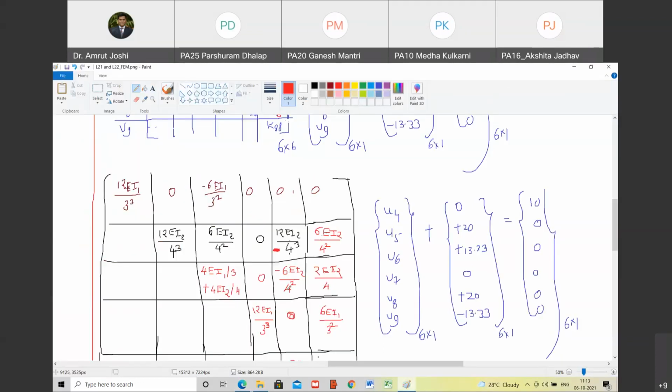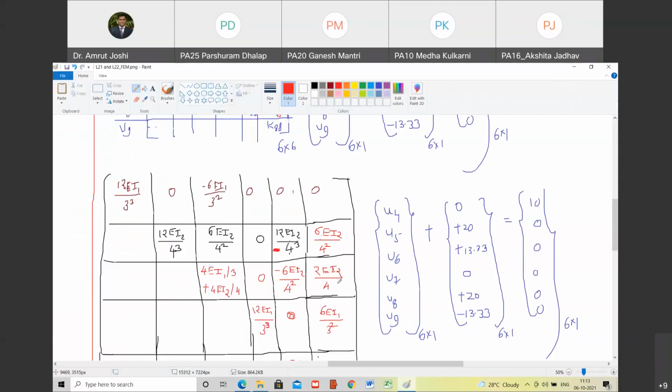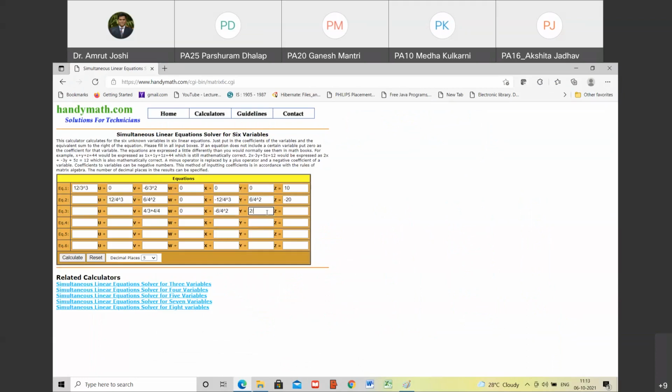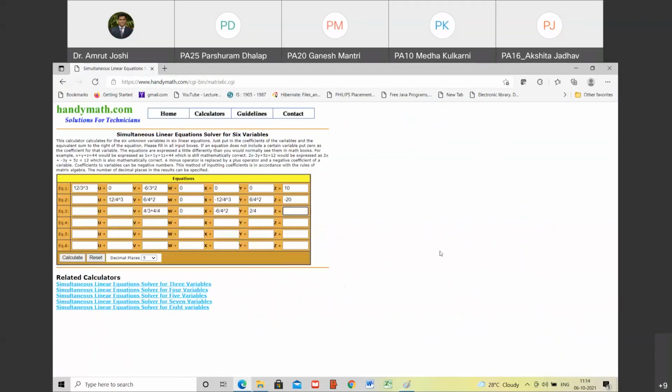Then 6 by 4 square, minus 6 by 4 square. Is it minus? Yes, minus 6 by 4 square. And then 2 by 4, 2 by 4. And then minus 13.33.